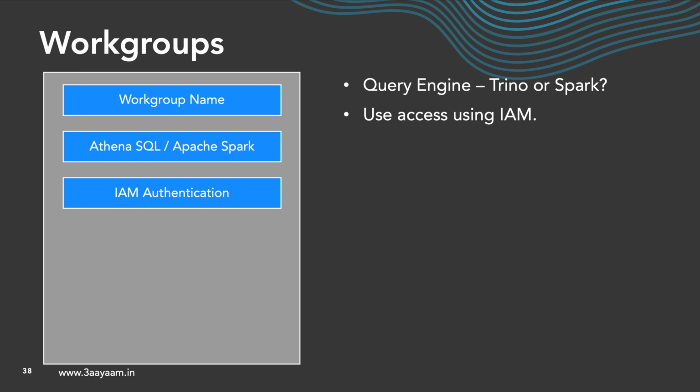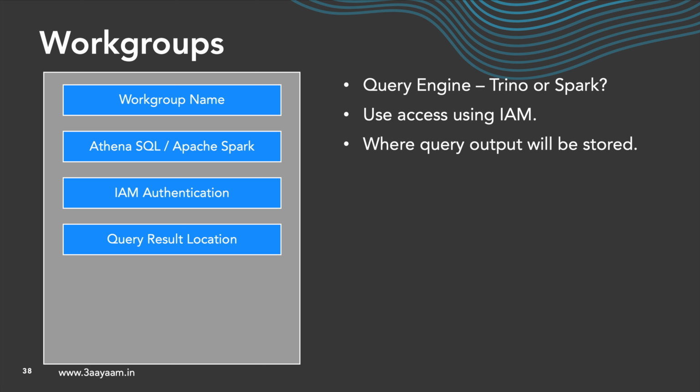Then we mention IAM authentication. As I told you, using a workgroup or WLM enables us to provide access control also. As you know, in AWS, most services support IAM authentication and authorization. So we can use IAM for authentication and authorization, and we can attach IAM policies and roles to a particular workgroup.